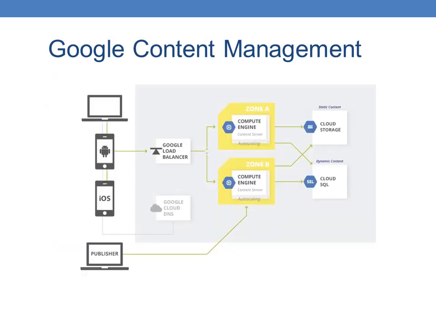Google content management looks like this: the structure is Android or iOS clients using it to interact with the Google search engine. The search engine is divided into zone A and zone B, and using that, they can share the information. For example, zone A will be auto scaling for accessing resources from the cloud storage.